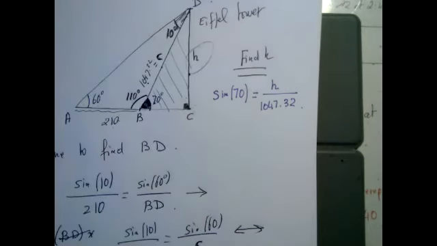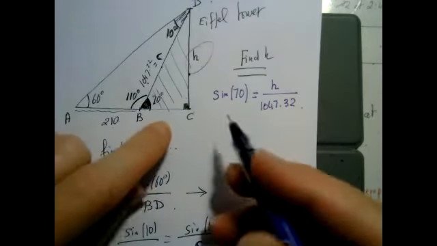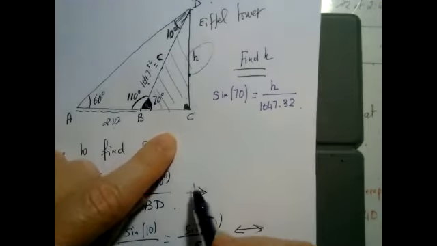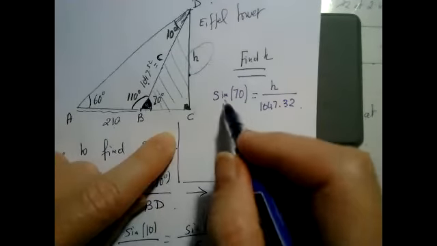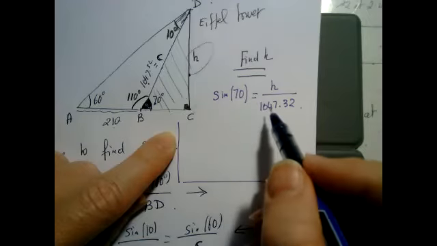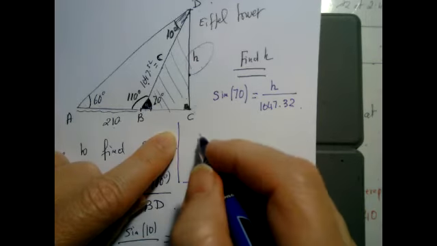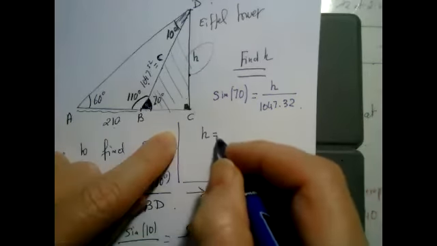So at this stage, I don't really need the law of sine or the law of cosine. I am in a right triangle. I use the basics. Whenever I am in a right triangle, I use basics. So now I need h, so I multiply both sides by 1047.32.